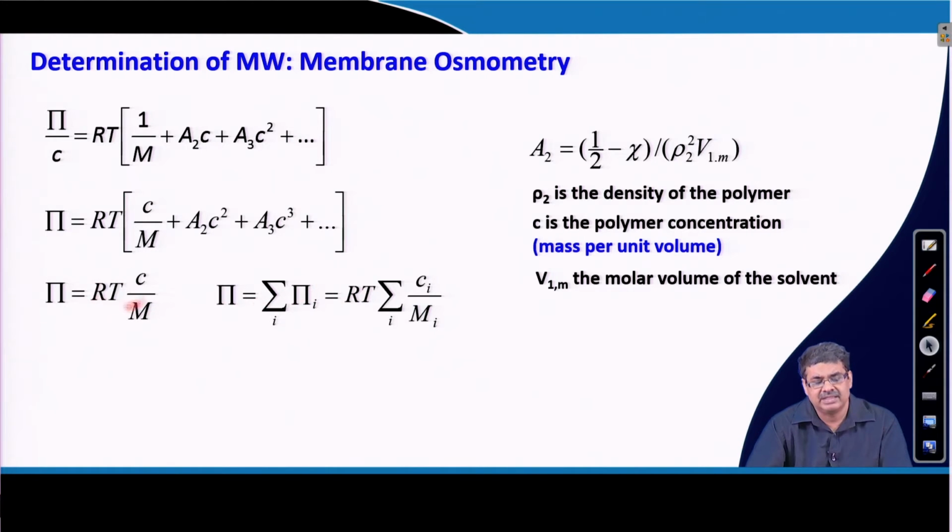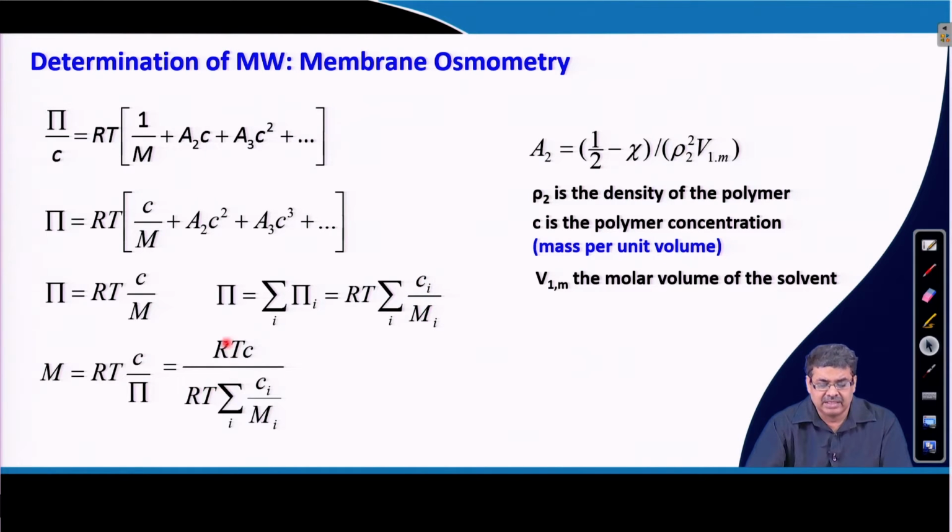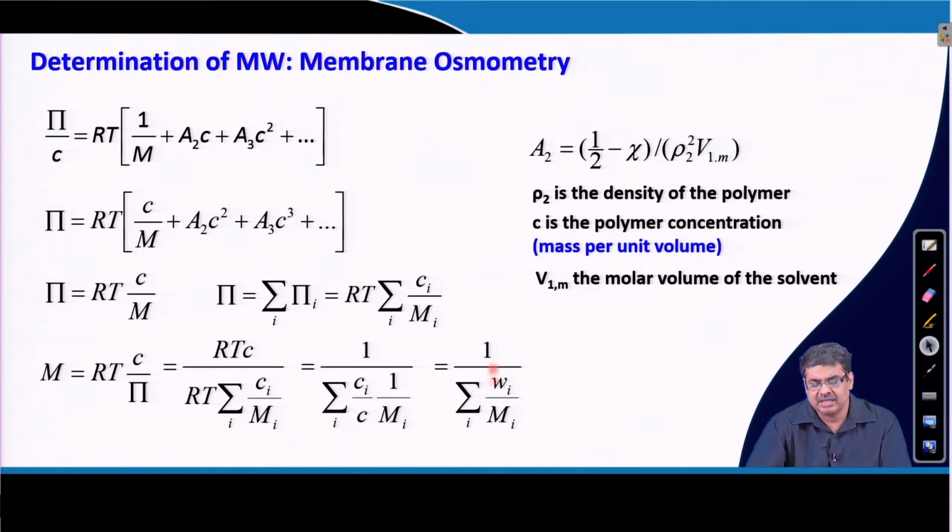Then we can write this expression as summation of this, and we can express Ci by replacing this pi with this term, and then it gives this expression, which is nothing but Mn. So, when you talk about determination of molecular weight by osmotic pressure, we will be determining the number average molecular weight, as shown by this derivation.